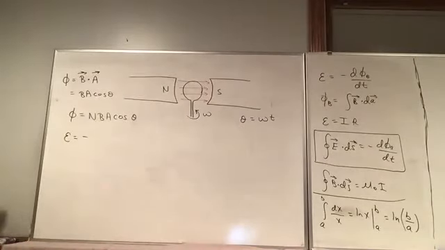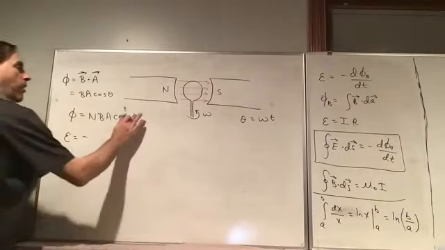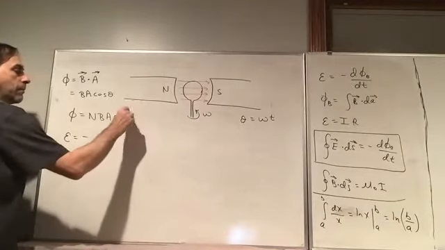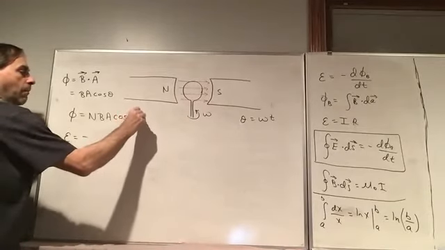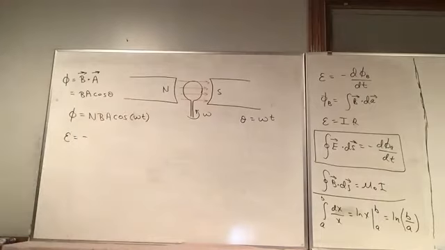So at t equals 0, theta is 0. Again, it doesn't really matter when we start the clock. But in general, we have theta is omega t. So let's actually replace this here. So the flux depends on time.